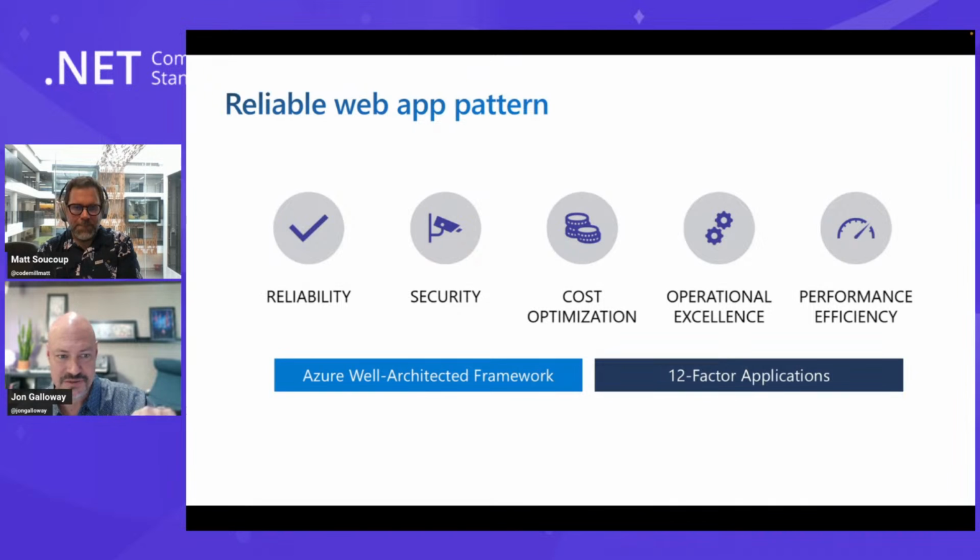So this reliable web app pattern learns from that and from 12-factor applications, but then lets you dial up exactly what's important to you, right? Yeah. It's like somebody else read the book and wrote the Cliff Notes edition of it. So it's based off of it, but it's not the full thing. Okay. Because you're right, it does get a little complex and expensive, and you don't need that all the way.